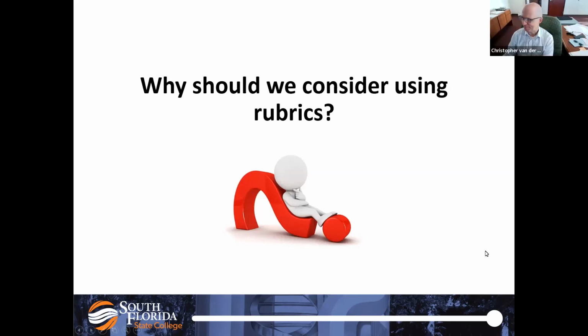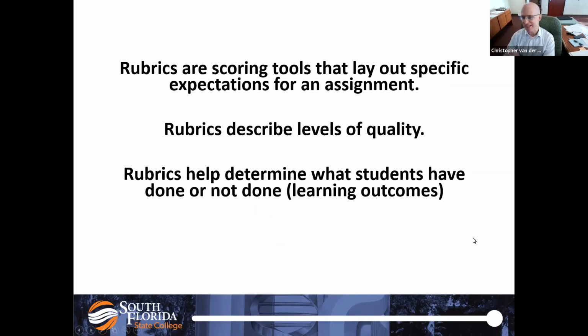That's right. All spot on with your comments. And just as you said here, you're laying out those clear expectations, and students know in advance what your expectations are. Describing the levels of quality helps your instruction, and shows what students have done or not done.